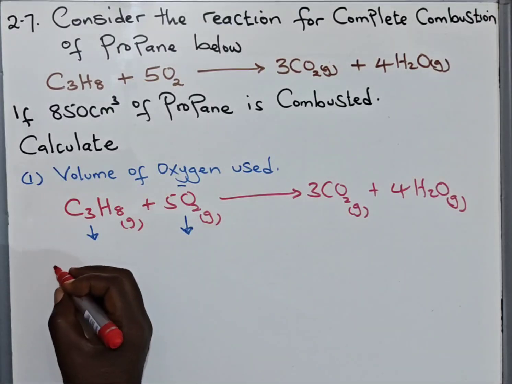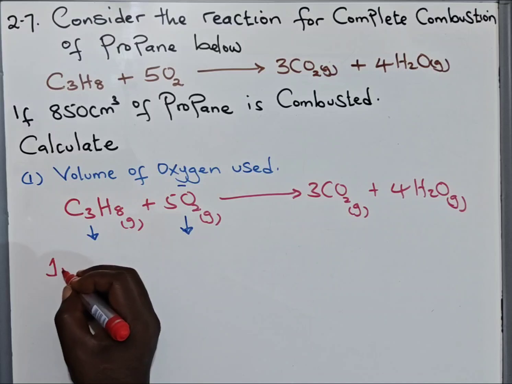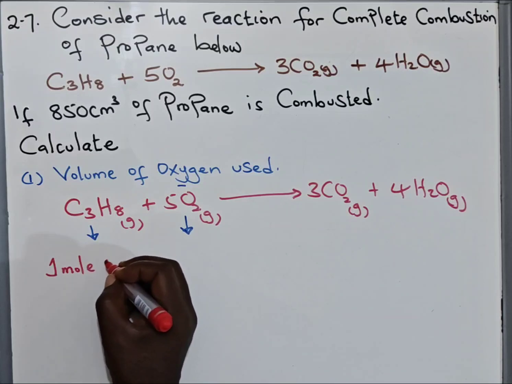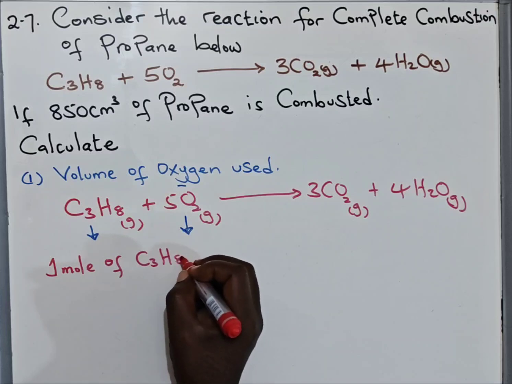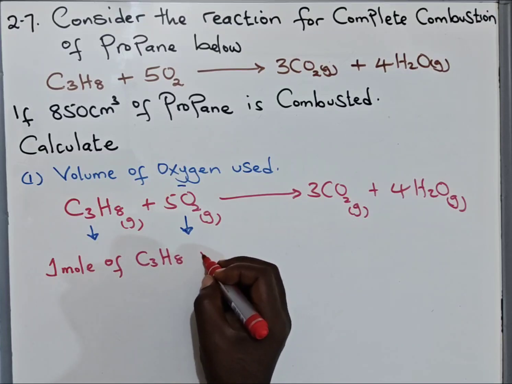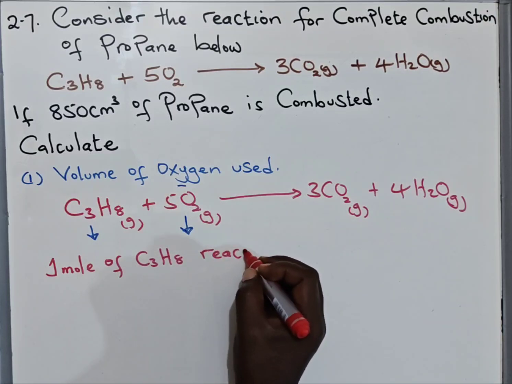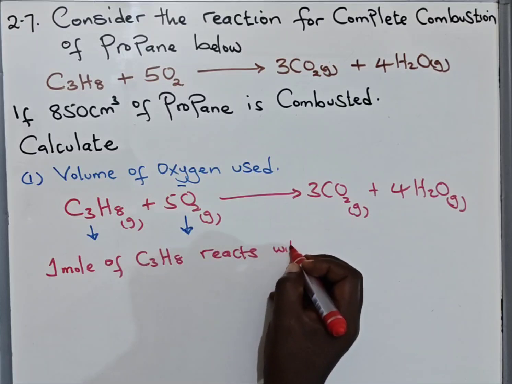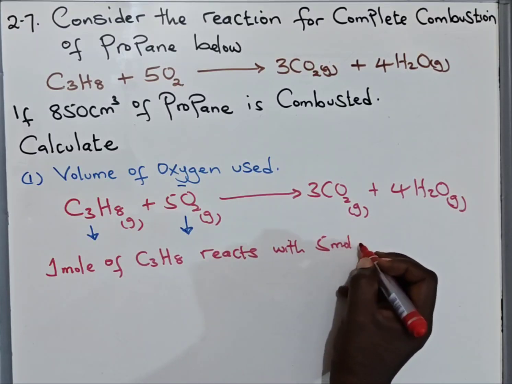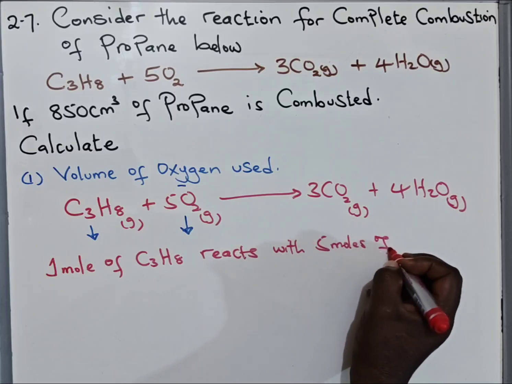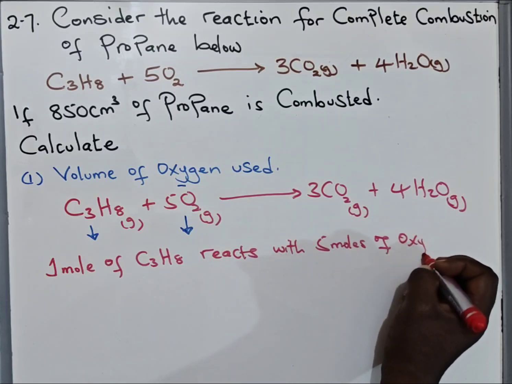From the ratios we have, we are going to say 1 mole of propane reacts with 5 moles of oxygen. That's the ratio we have.